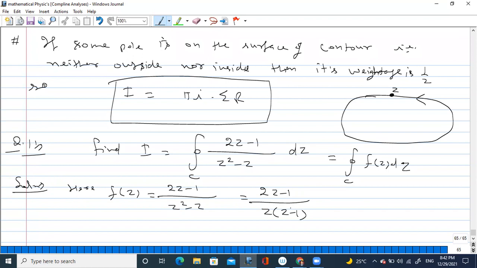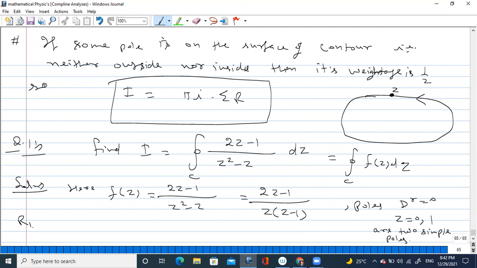Put the denominator equal to 0, so z equal to 0 and 1 are two simple poles, because the order is 1 for both. By the simple pole method we can find the two residues.